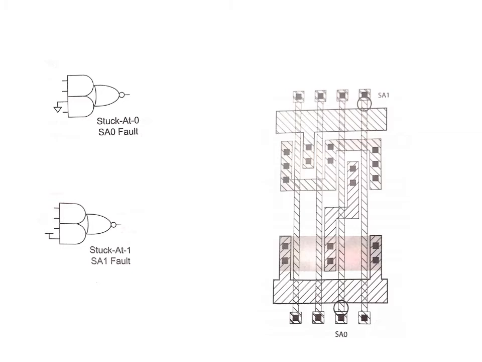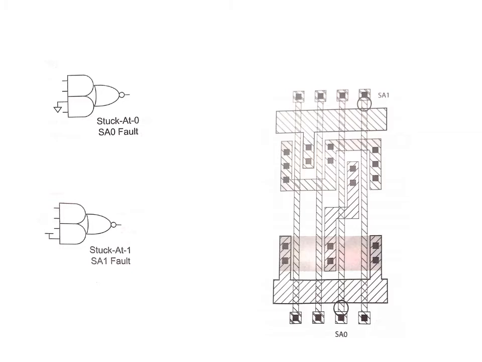In the second figure, struck at 1, one of the input lines is connected to VDD. Irrespective of any inputs applied, the input through that line is always treated as logic 1.